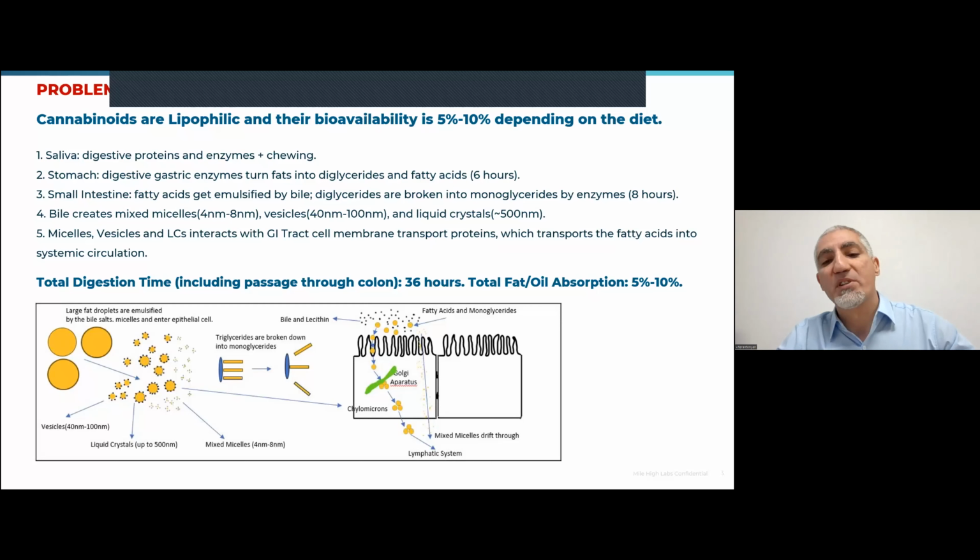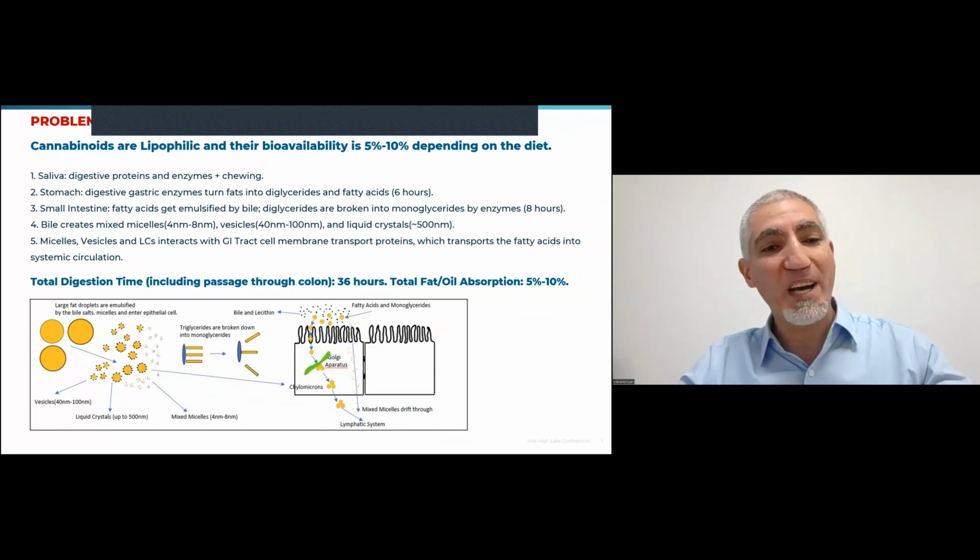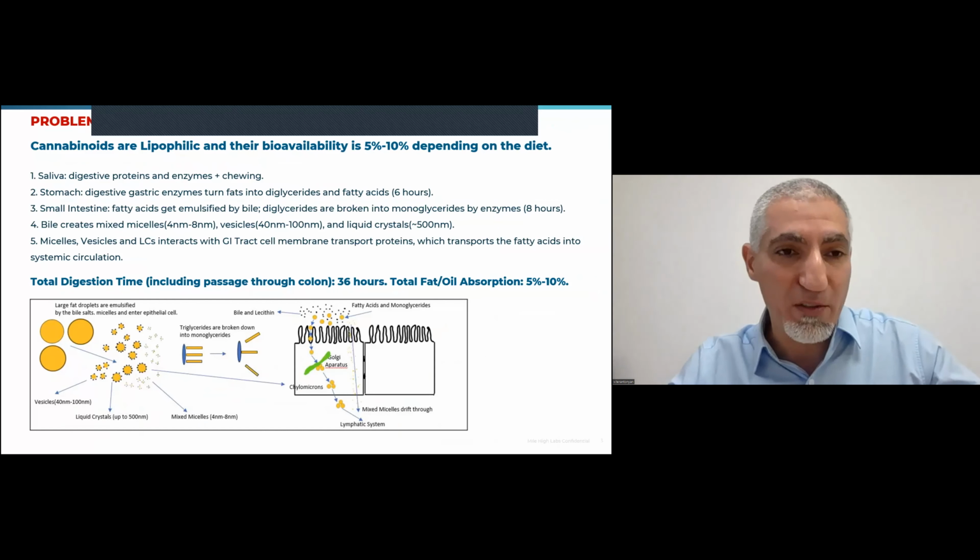In order to really understand the problem and know how to solve it, we need to look into how the body digests fats, lipids, oils, and just food in general, and then look at the experimental data and see how we can come up with the theory on that. Food digestion starts happening in the mouth.